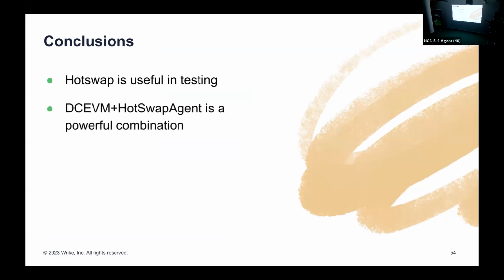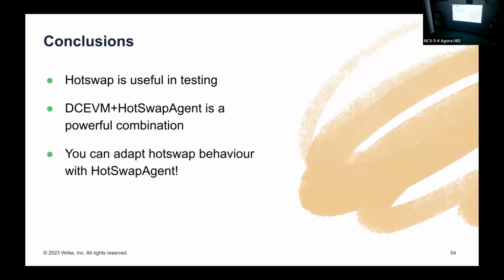Also, we saw that DCEVM and HotSwapAgent is a powerful combination, which makes HotSwap in Java actually useful, at least. But unfortunately, they don't always work. You just have to be aware of it. But the cool thing is that you can write plugins for HotSwapAgent, which makes it pretty customizable. So you can even support your internal frameworks for your company.